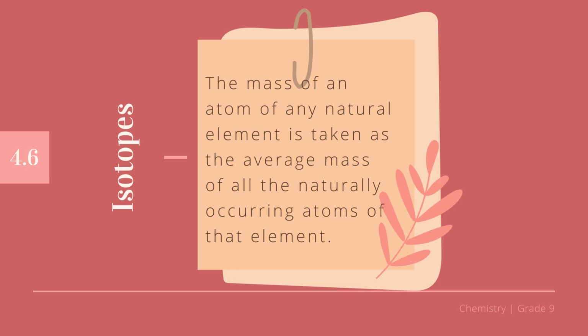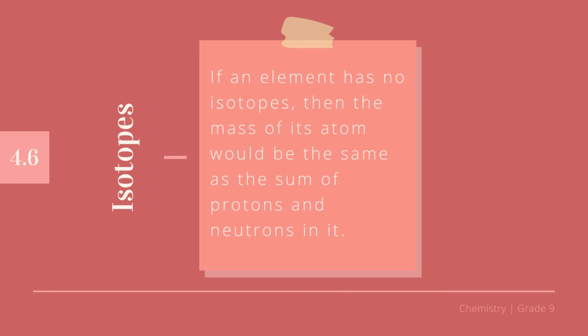The mass of an atom of any natural element is taken as the average mass of all the naturally occurring atoms of that element. If an element has no isotopes, then the mass of its atom would be the same as the number of protons and neutrons in it.